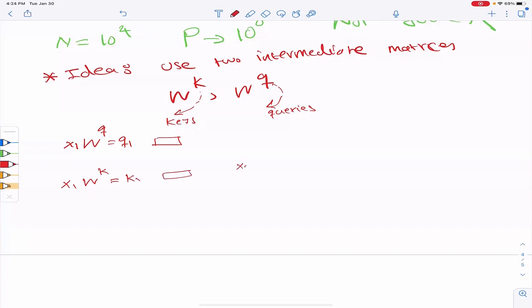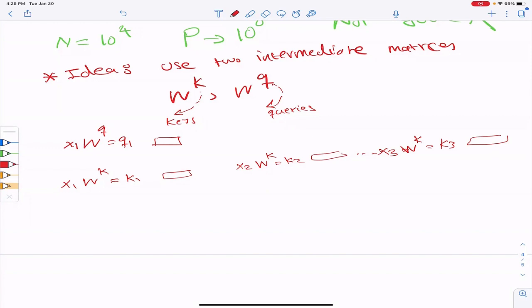For x2, I'll do the same thing, multiply with WK matrix, get K2. And for this example, I have 3 tokens. I'll do the same thing for the third one. So basically, I multiply WQ and WK to all x's. I'll get their Q vectors and their K vectors.